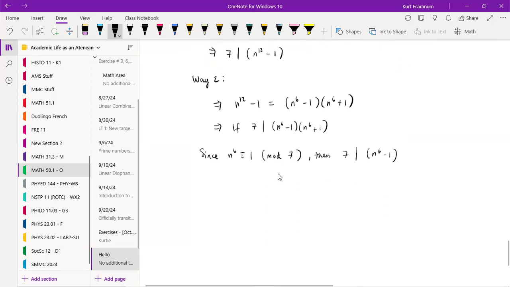So any multiple of n to the 6 minus 1 will also be divisible by 7. And what is that exact multiple? Which is n to the 6 minus 1 times n to the 6 plus 1. This, multiplied by this one.